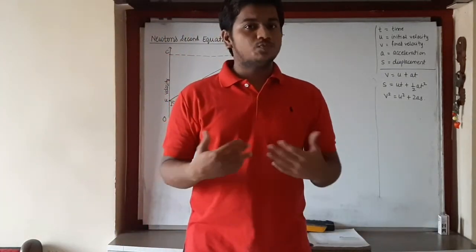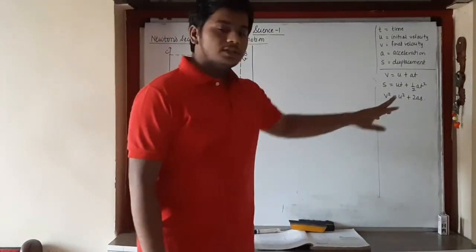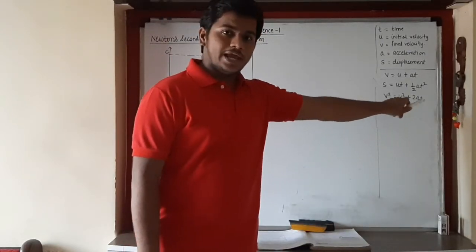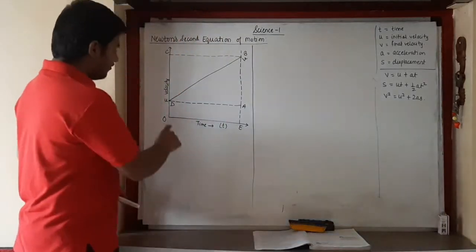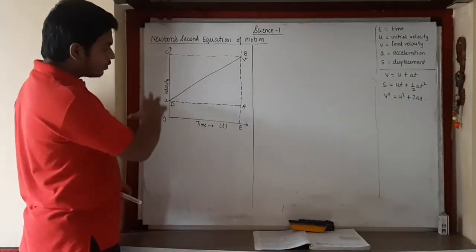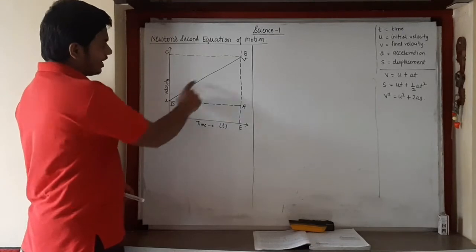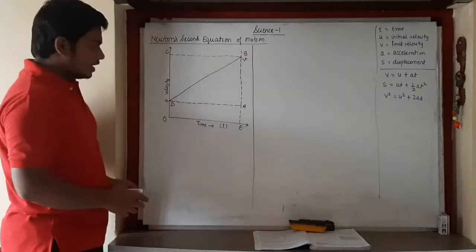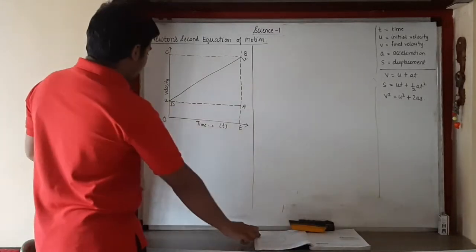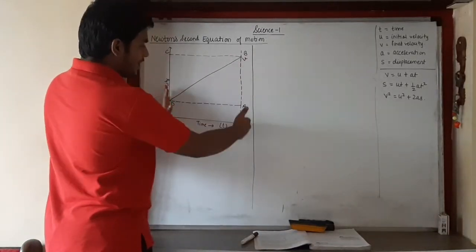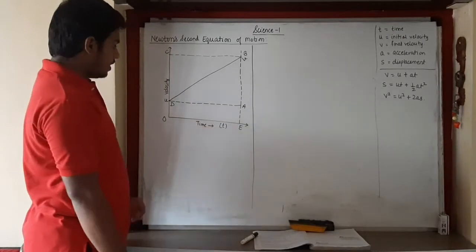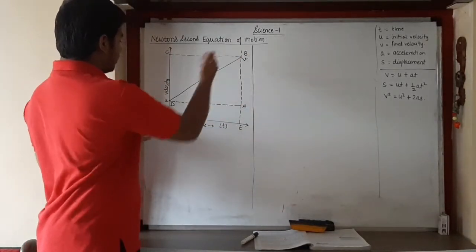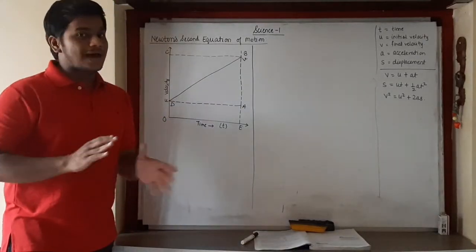So students, let us move towards obtaining the third equation of motion, which is v square equals u square plus 2as. Now, if you all observe again, for calculating displacement, we have to find the area of quadrilateral ODBE. Yes or no? If you look at the shape, OD and BE are two parallel lines because we have made them parallel, and on the other hand, OE and DB are non-parallel lines.